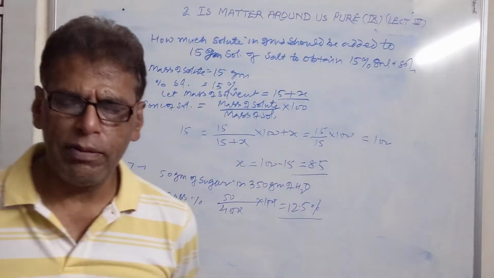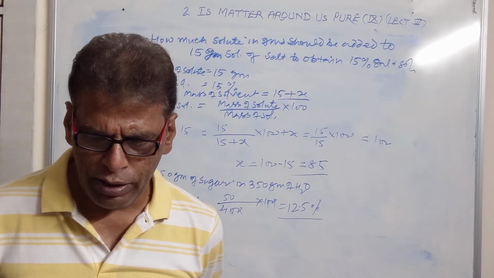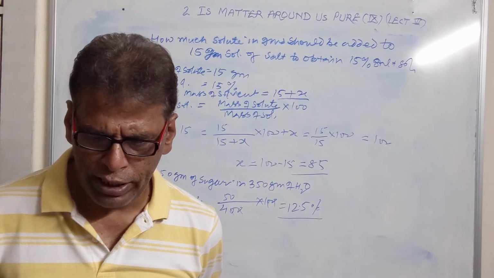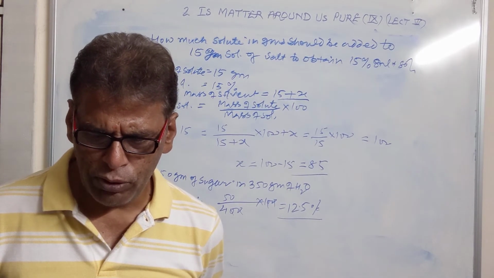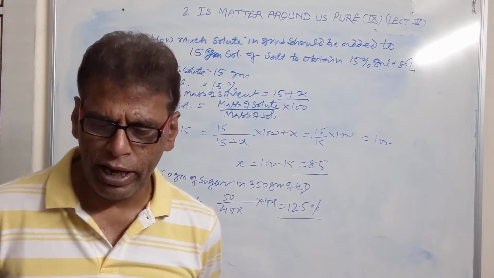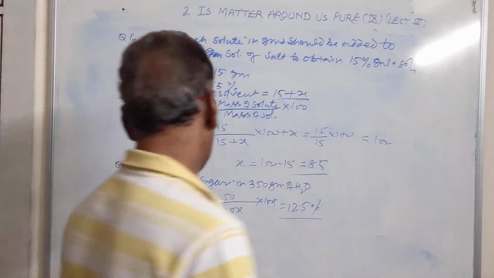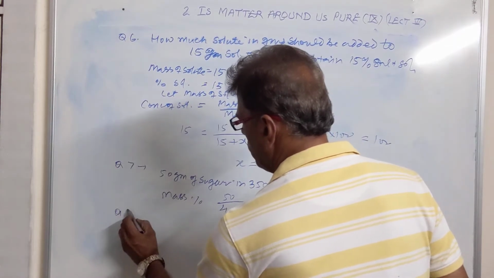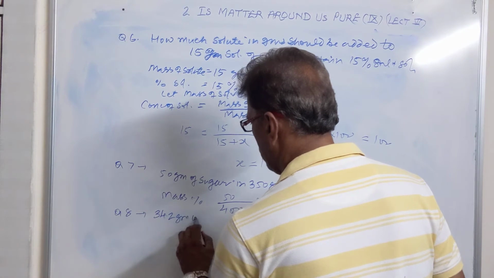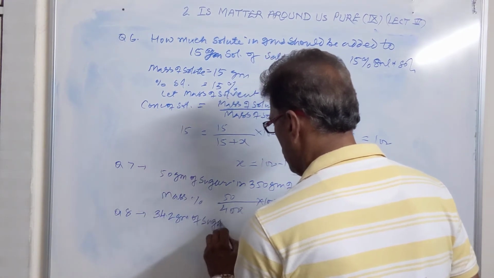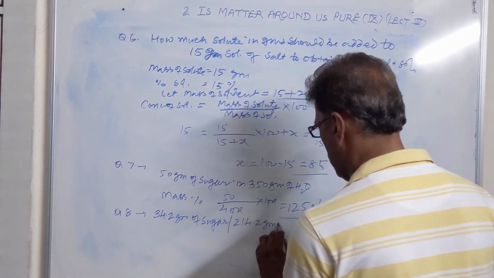A sugar syrup contains 34.2 gram of sugar in 214.2 gram of syrup. Calculate concentration of the solution. So this is another problem. 34.2 gram of sugar present in 214.2 gram of solution.